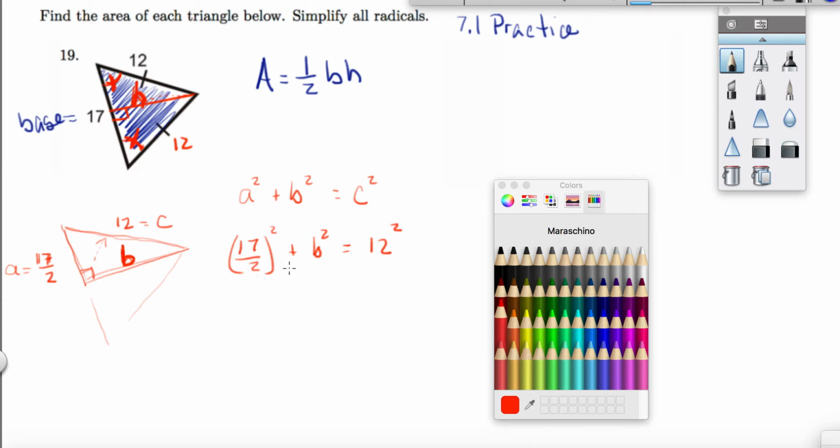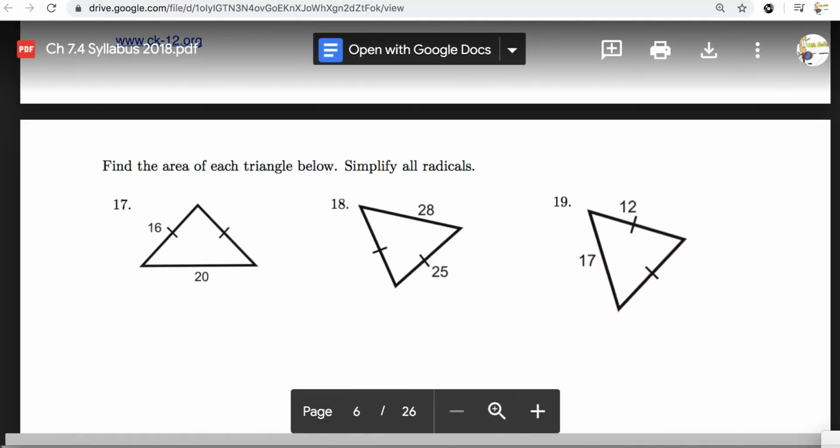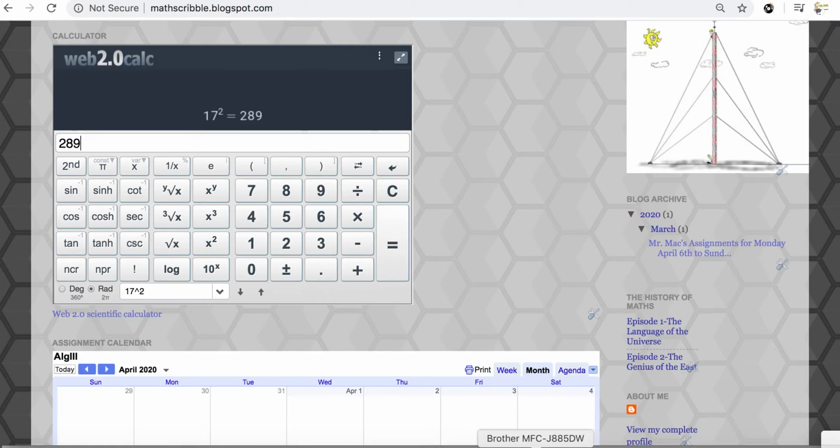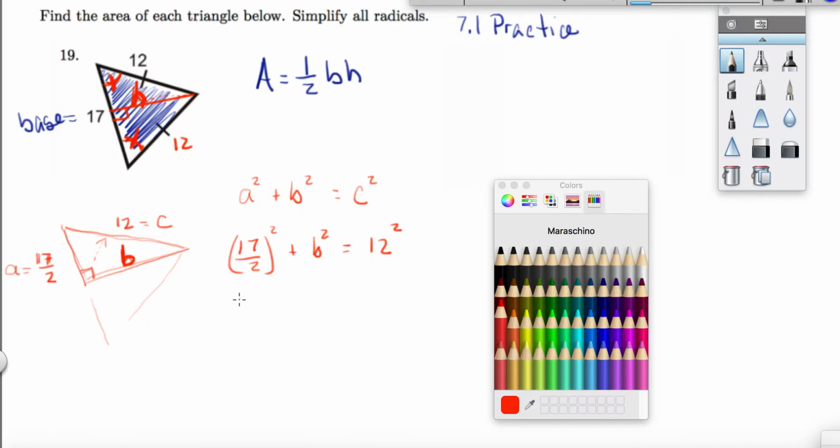Okay, this looks ugly. Let's stick with it though. What is 17 squared? 17 squared is 289. So we have 289 over 2 squared, which is 4, plus b squared, and 12 squared is 144.